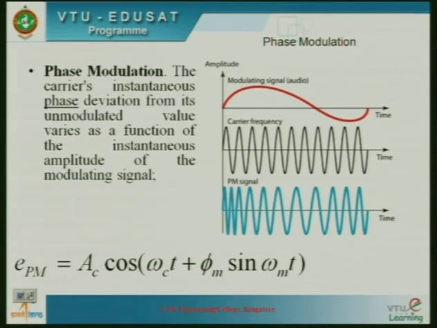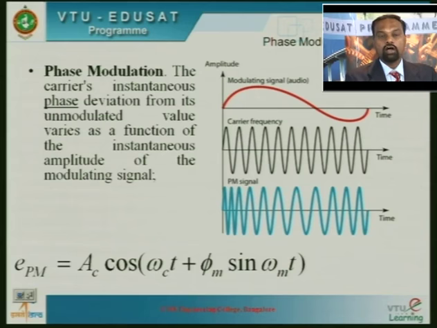Because the phase of the carrier is being affected, the frequency also gets affected in a phase modulated signal. The carrier's instantaneous phase deviation from its unmodulated value varies as a function of the instantaneous amplitude of the modulating signal, and that is the definition of phase modulation.